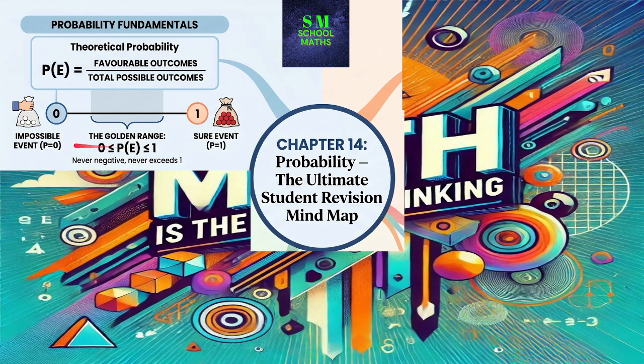If an event is impossible, like rolling a 7 on a standard die, the probability is exactly 0 because there is no number 7 on the die. If it is a sure event, like rolling a number less than 7, the probability is exactly 1.